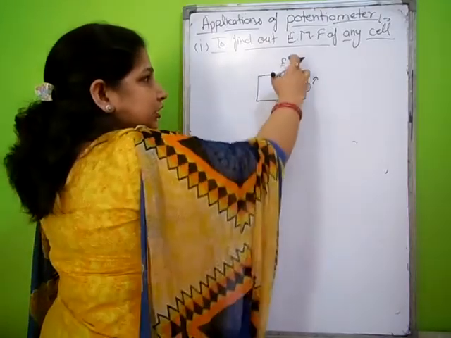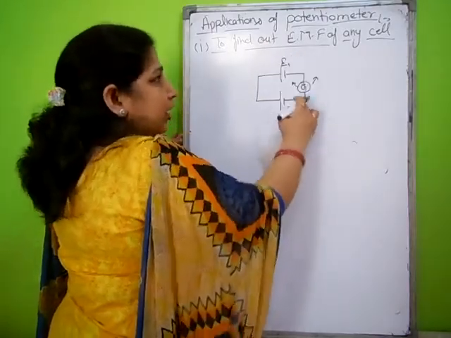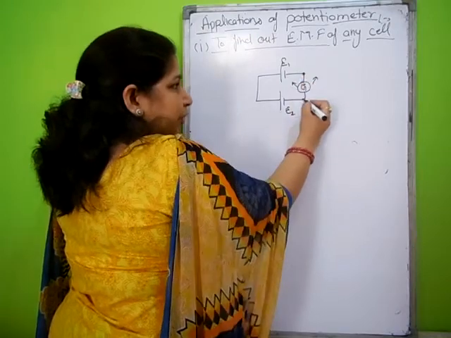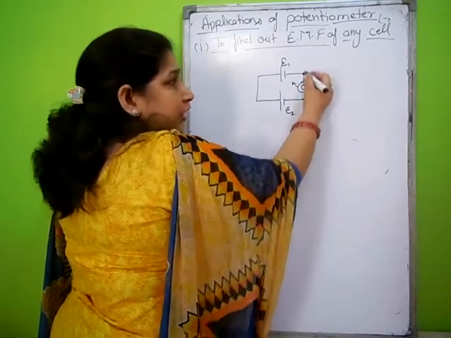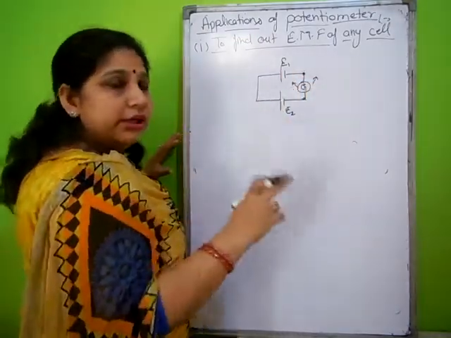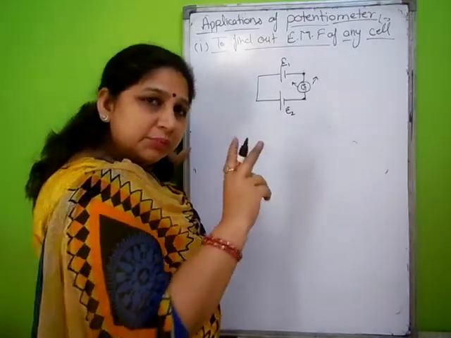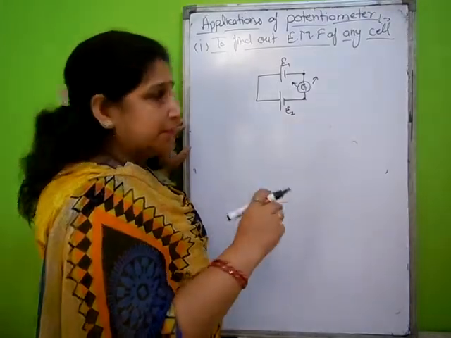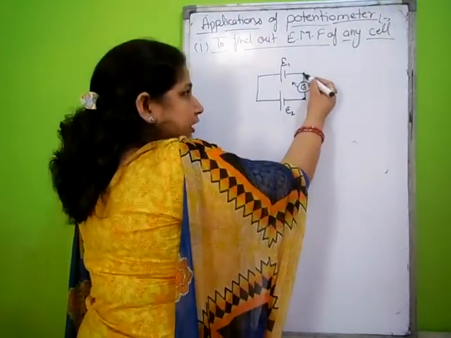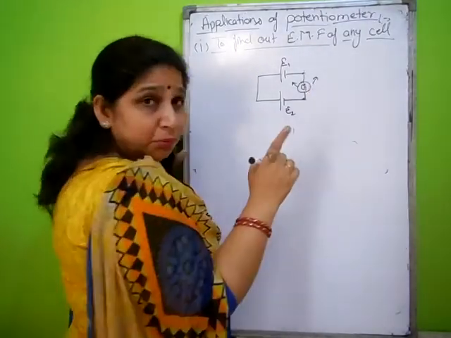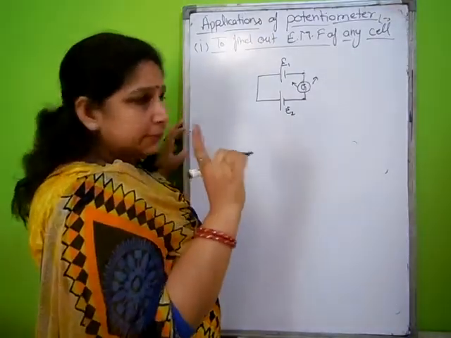But when these two EMFs are equal, means the potential at this point and the potential at this point will be equal, then there will be no current. It is possible only if the potential at both ends is the same. Means the galvanometer's two points have the same potential, so there will be no current.